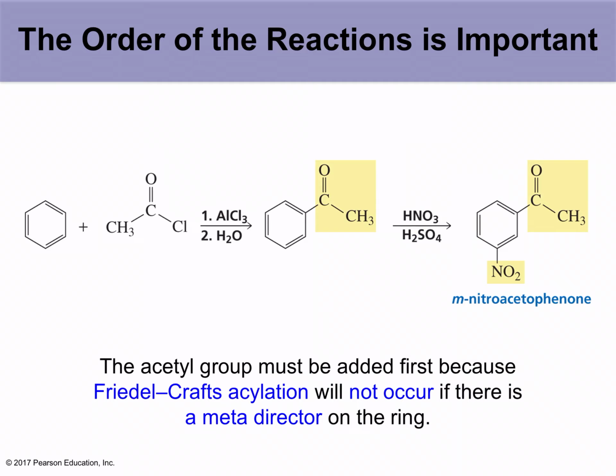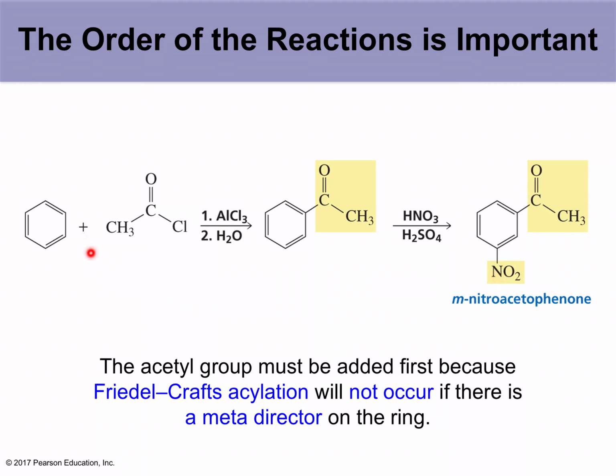Another example, you want to make a meta-nitroacetophenone. So this group over here, a nitro group, it's a meta director, and a carbonyl group. So what we're going to do is, if we add the nitro group first, then it would not undergo Friedel-Crafts acylation.